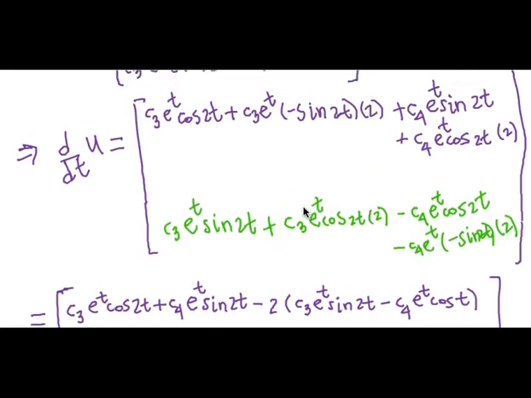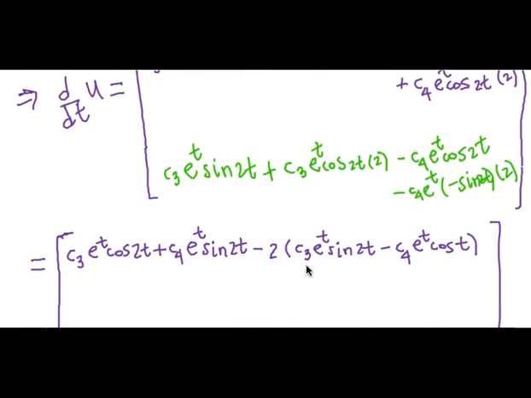So we can clean up the terms in the first entry and group the terms that have a common factor of 2, and so the first entry would look like C3 e^t cos plus C4 e^t sine, and we can write this as minus 2 times the quantity C3 e^t sine minus C4 e^t cosine.